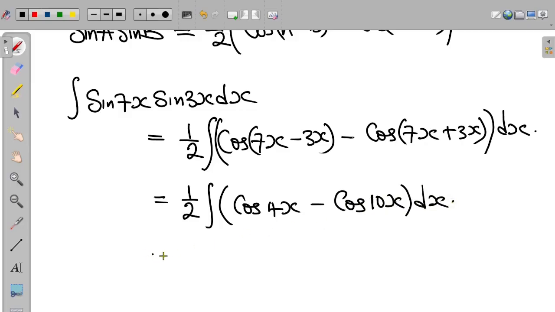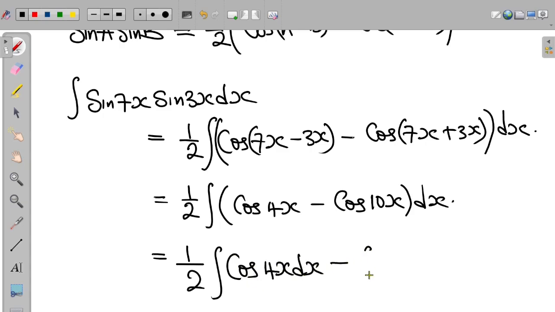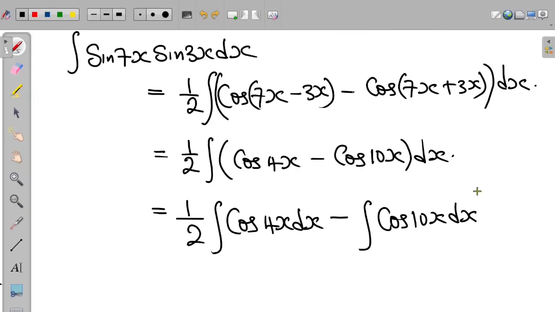So we can now integrate each one differently. So we have the integral of cos 4x dx minus the integral of cos 10x dx, and everything here is enclosed in a bracket.